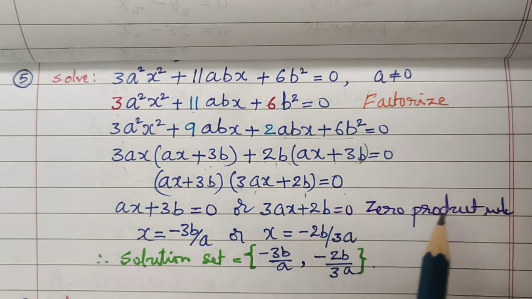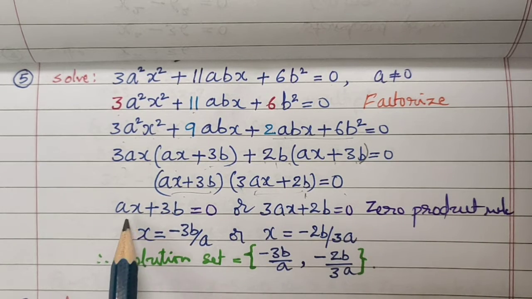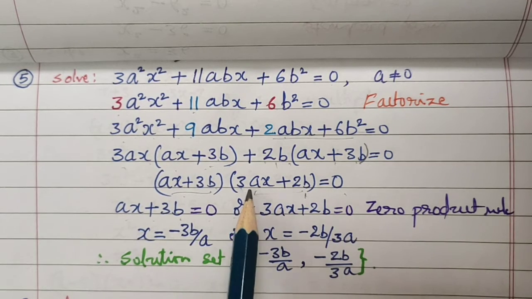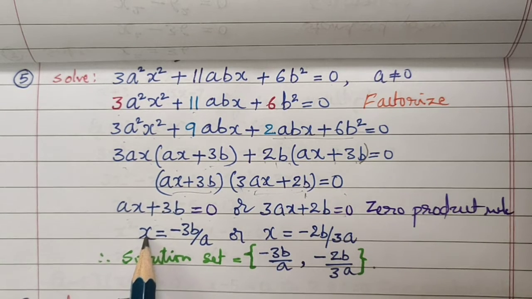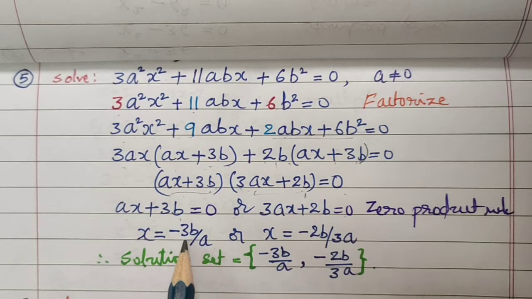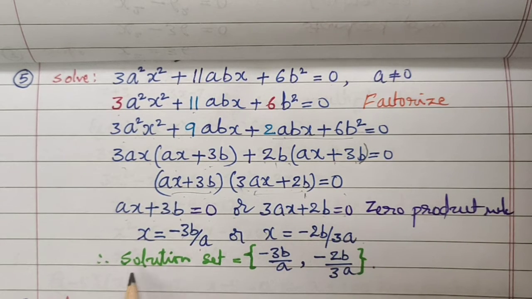By using the zero product rule, equate each to 0: ax + 3b = 0, or 3ax + 2b = 0. After calculations, we get x = −3b/a, or x = −2b/3a. Therefore, the solution set is {−3b/a, −2b/3a}.